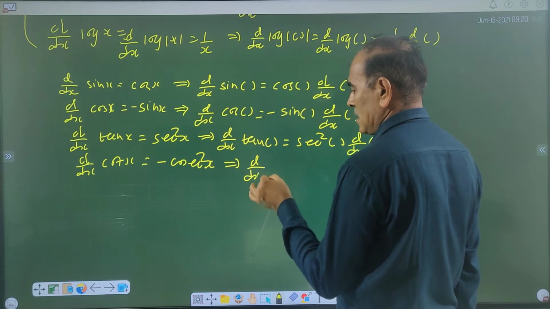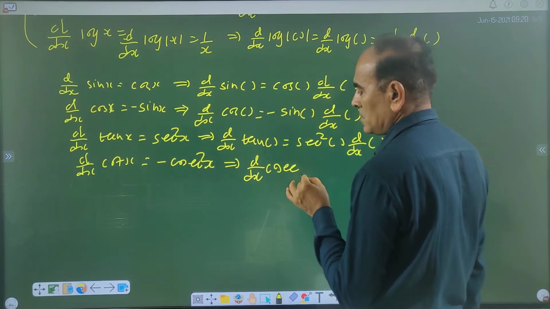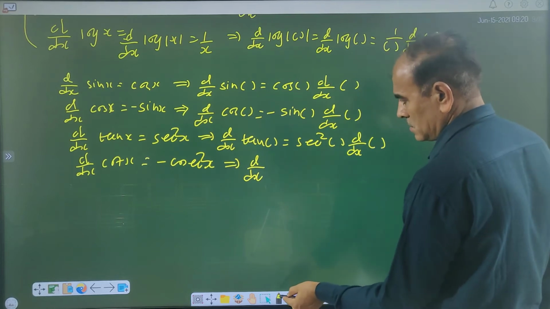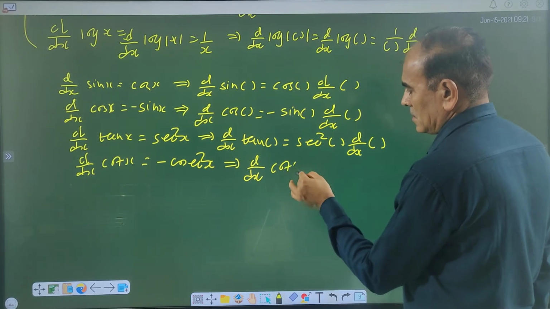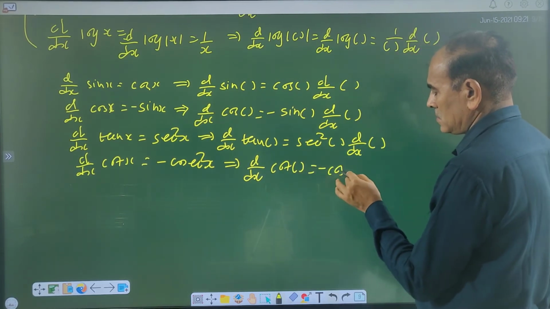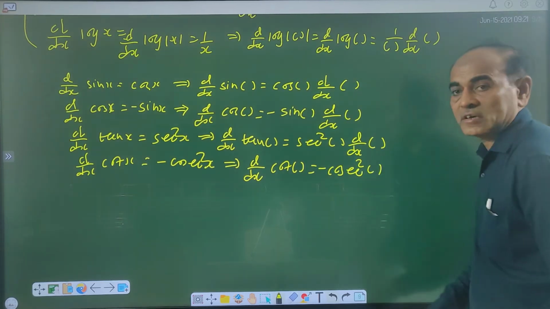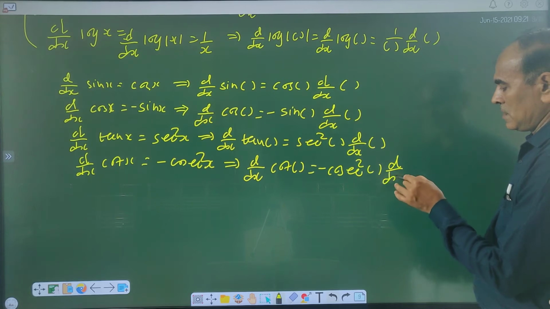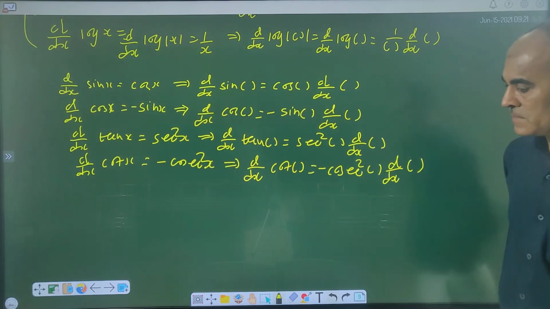So this implies d by dx of cot of some function is equal to minus cosec square of that function into d by dx of that function.